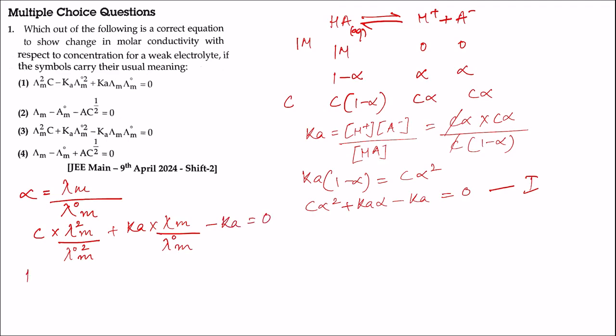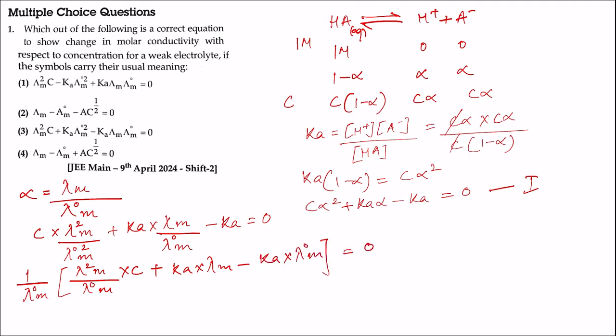Now taking 1 by lambda naught m as common, inside the bracket: lambda square m divided by lambda naught m into C plus Ka into lambda m minus Ka into lambda naught m, and this is equal to 0.